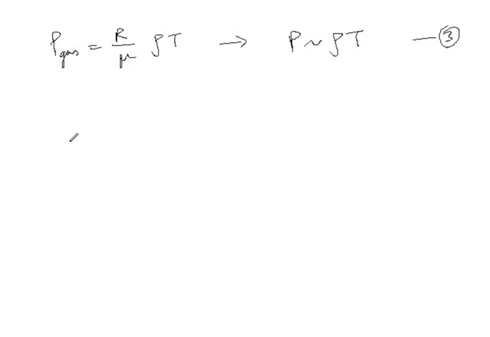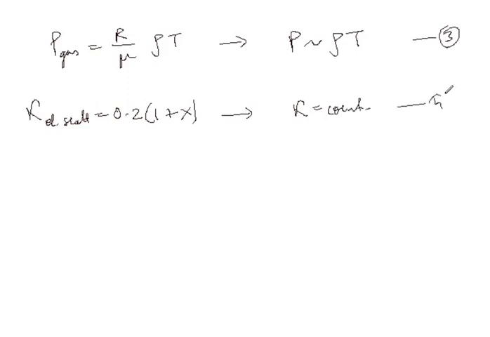And then using the previous result on opacity from our last class, opacity from electron scattering, you remember this was 0.2 into 1 plus X. So this means that kappa is equal to constant, equation 4.